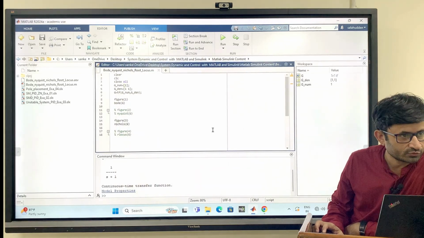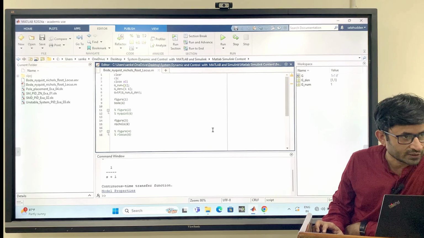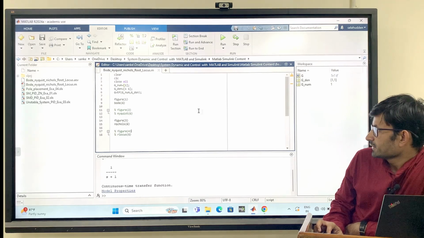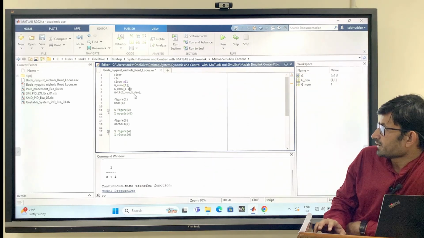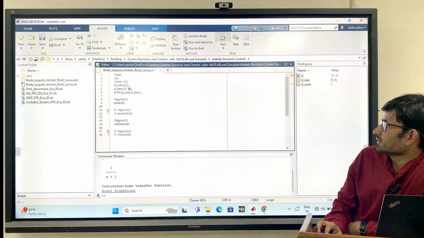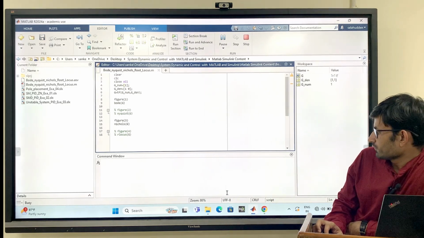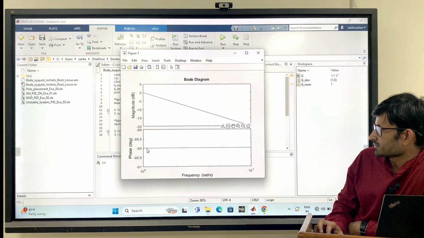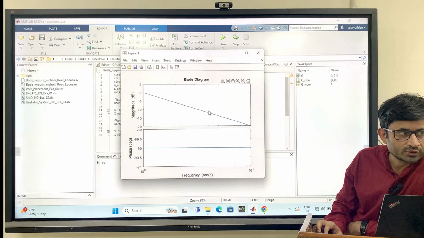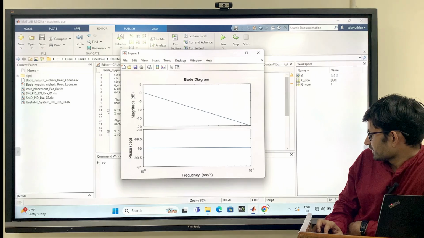It is very simple: you remove the frequency from the Bode plot and plot gain versus phase here. We can take the example of 1 by s, an integrator. In Bode plot we have seen that the phase is -90 and the gain is dropping by 20 dB per decade.